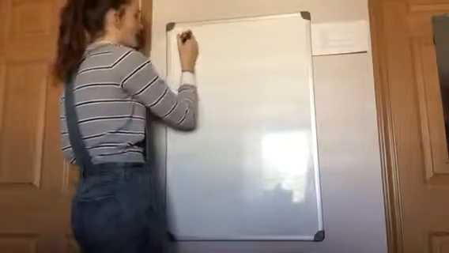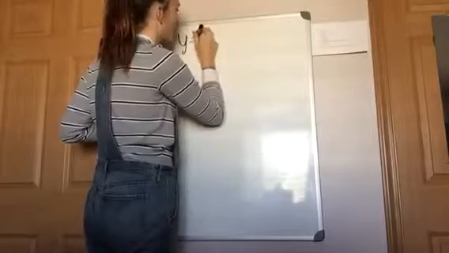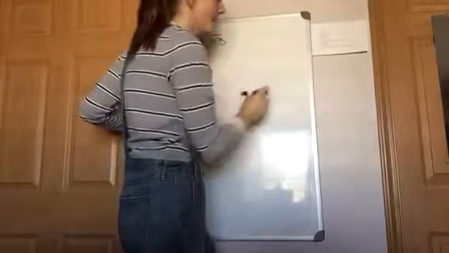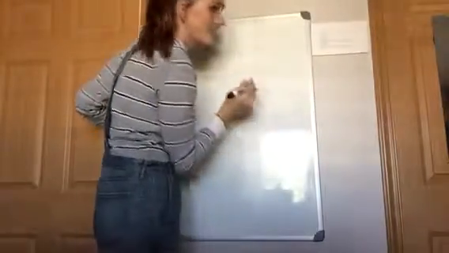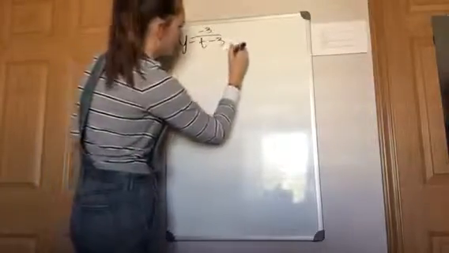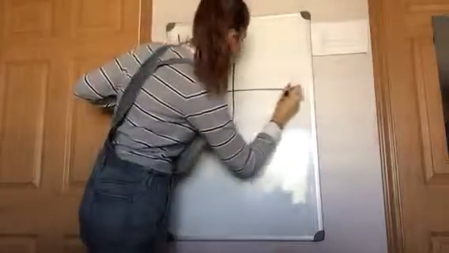And for our eighth question, we need to graph y equals -3 over x minus 3. And we need to give the asymptotes and label the intercepts. So, let's draw a graph.